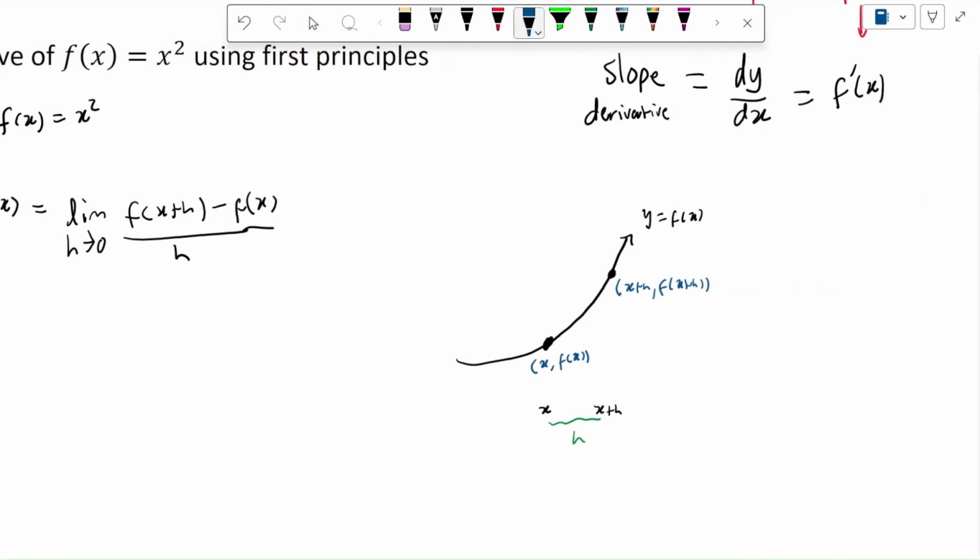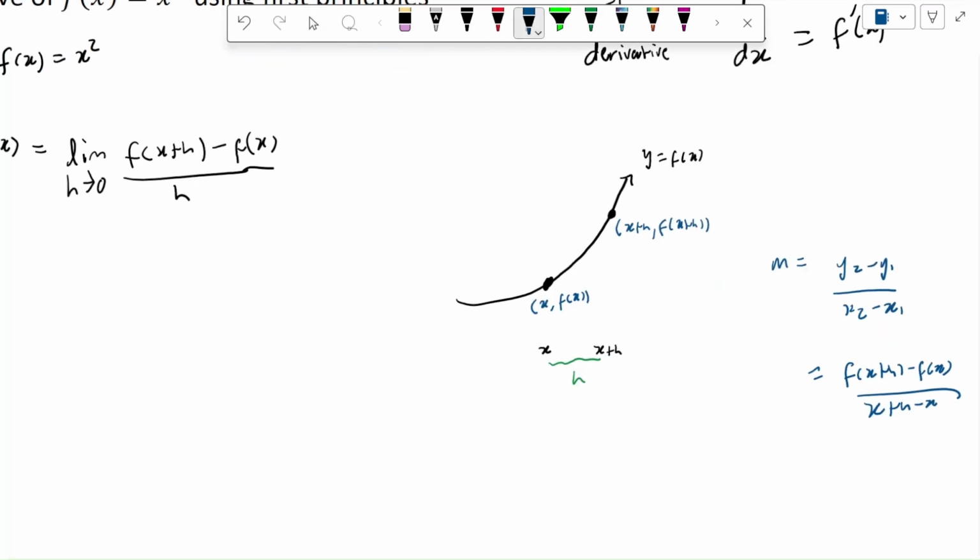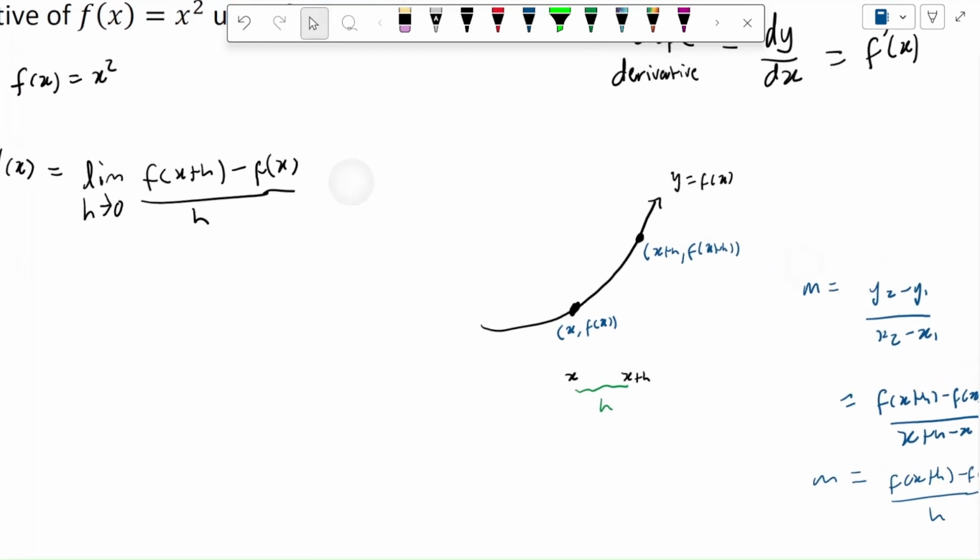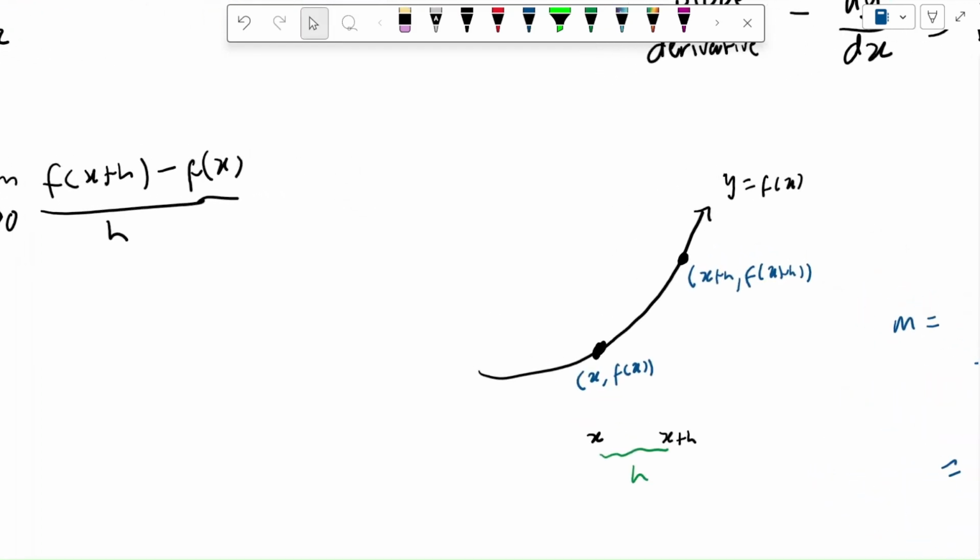Okay. So how do we find the slope between these 2 points? We go y2 take y1 over x2 take x1. So that's f of x plus h minus f of x, and it's x plus h minus x. Now the x's on the bottom are going to cancel. So f of x plus h minus f of x all over h is how that simplifies down to the slope. Now what we'd actually be calculating there is not the slope of the curvy line.